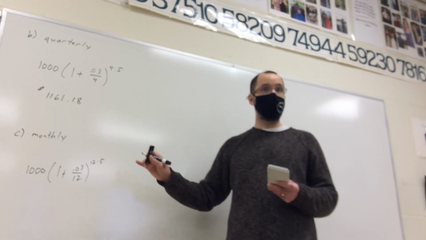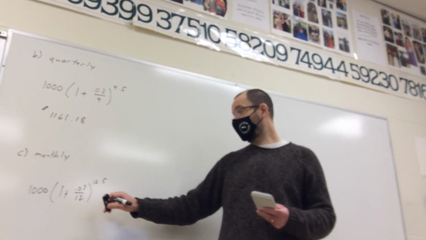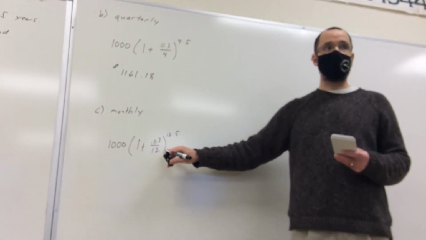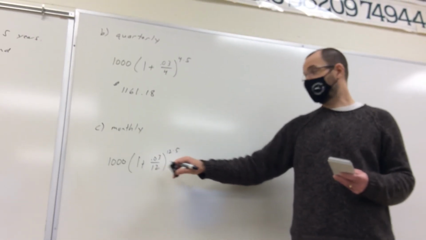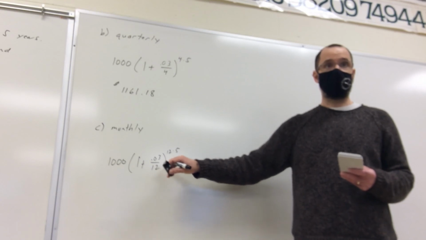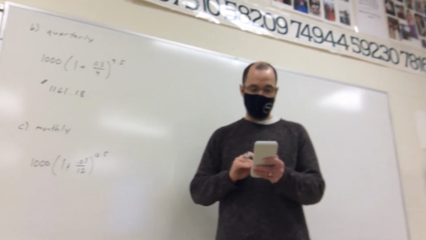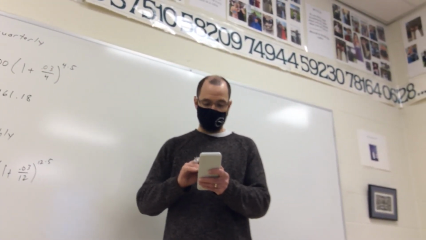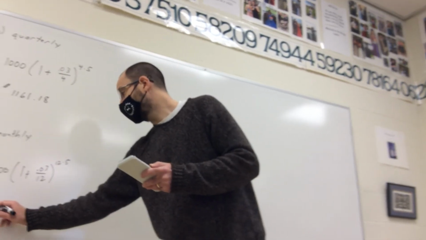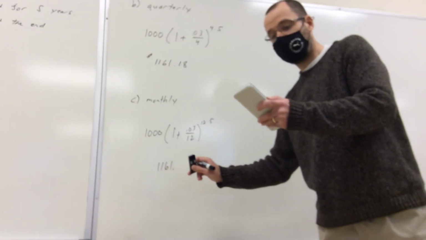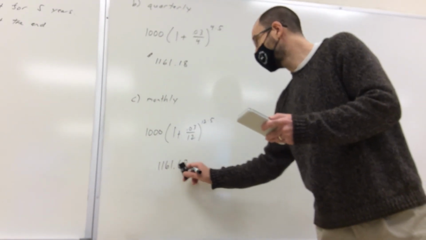And to be honest about the real world, all the interest is compounded monthly. So this is the most real life scenario as far as finances go. So I'm getting $1,161.62.